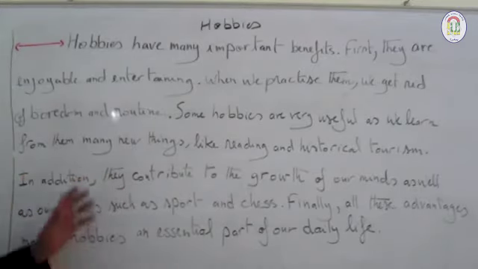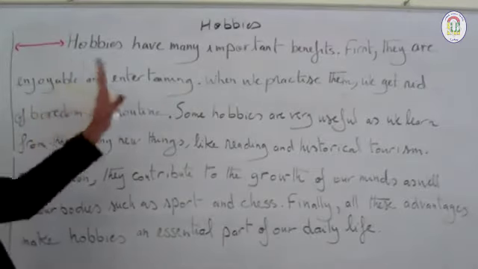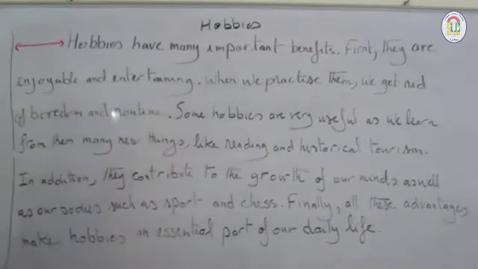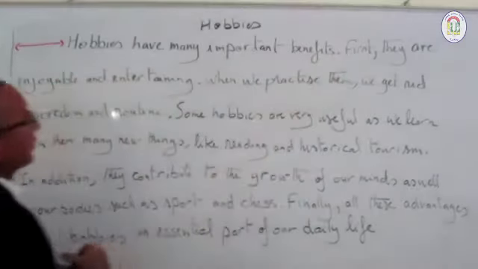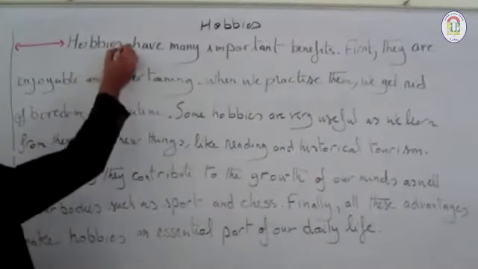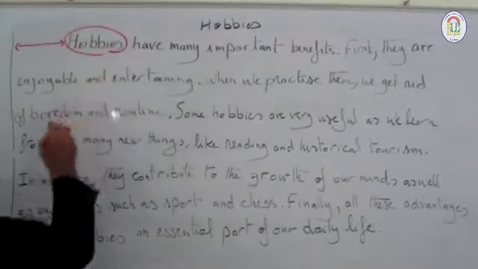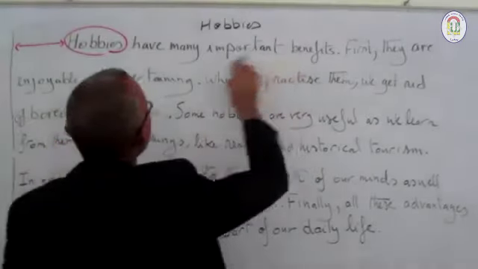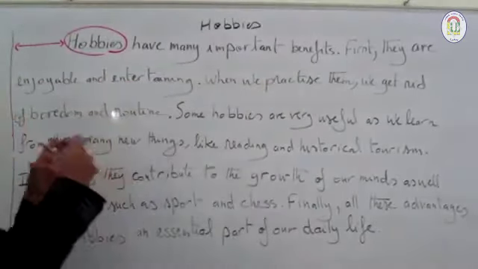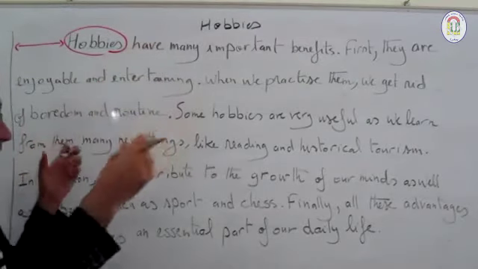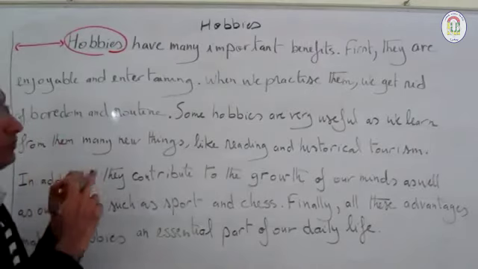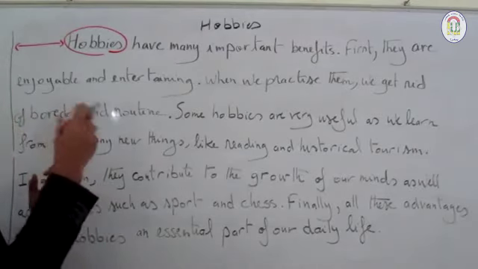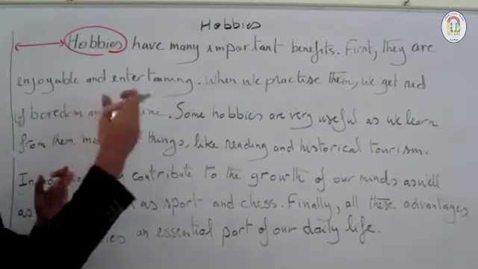Now, concerning the different parts of the paragraph, here I started with my first sentence, which includes the topic, hobbies, and also limits it, as hobbies is a very large, broad topic. We can talk about types of hobbies, we can talk about requirements of hobbies, and many other points or angles within this topic.